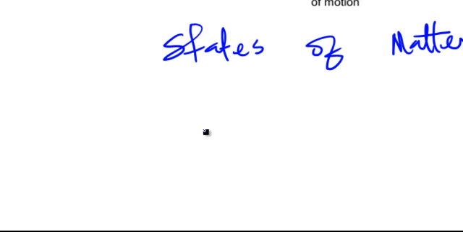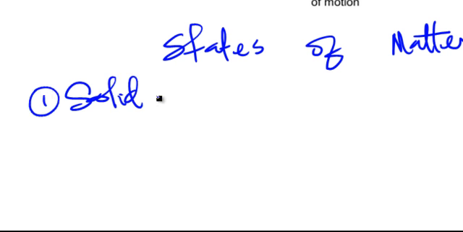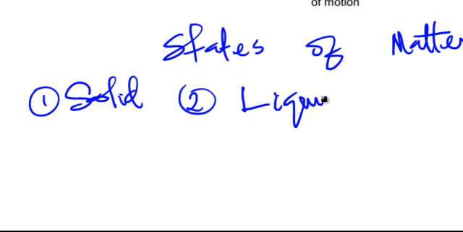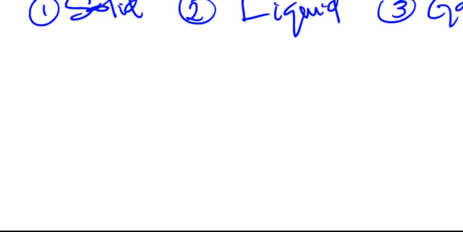Of course, the first one, we know that is a solid. Solid is the first state of matter. The second state of matter is a liquid, and the third one is gas. So we are going to use water as an example, because you can find water in any of those three states.